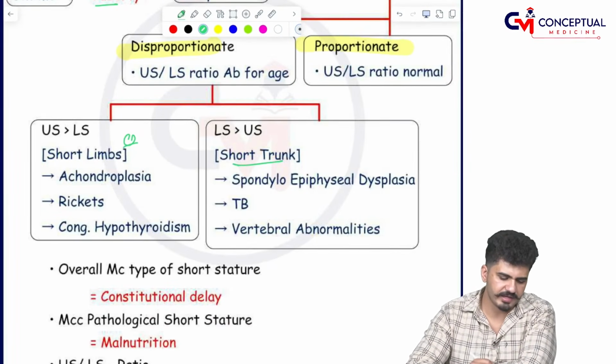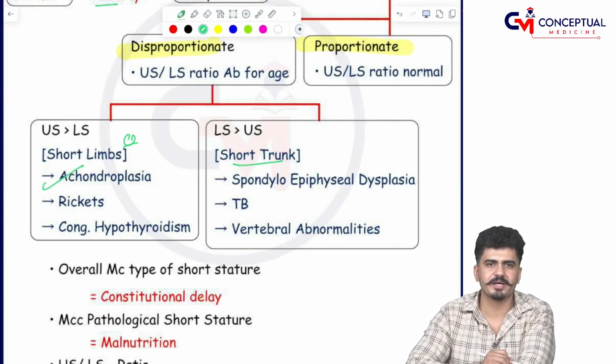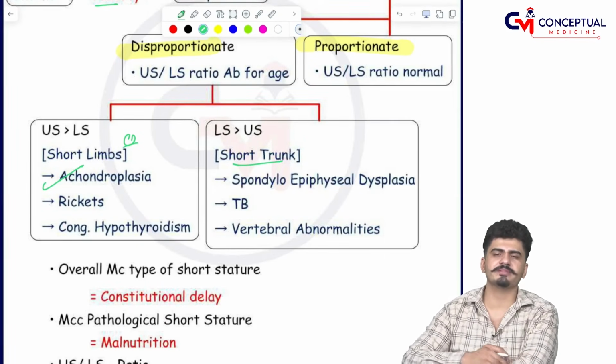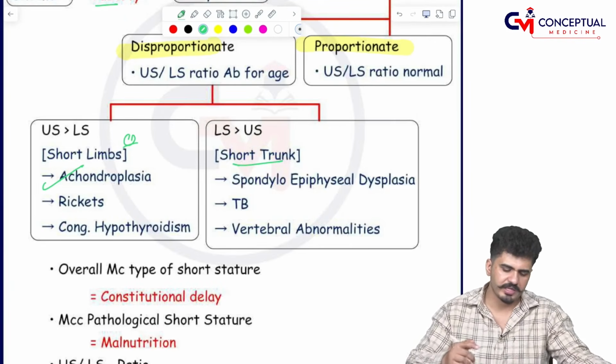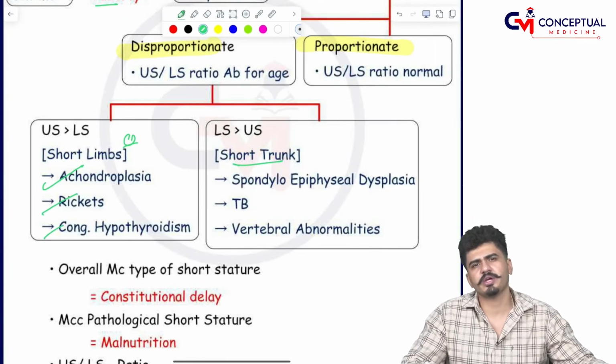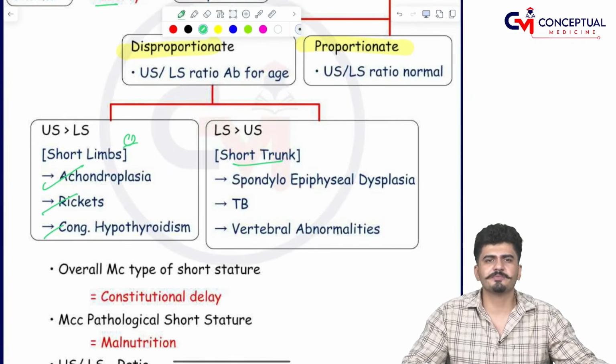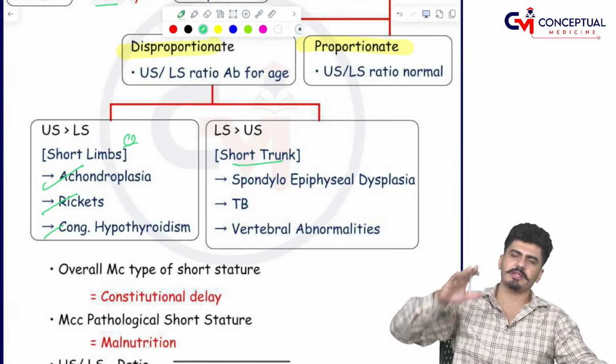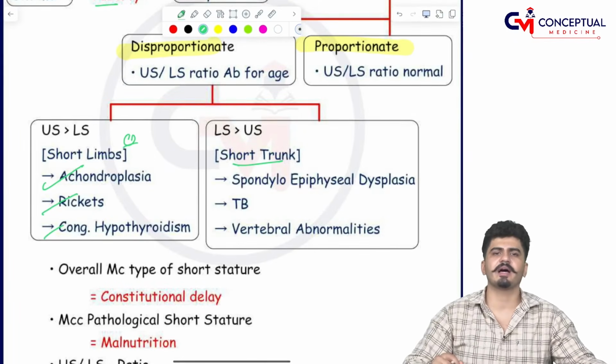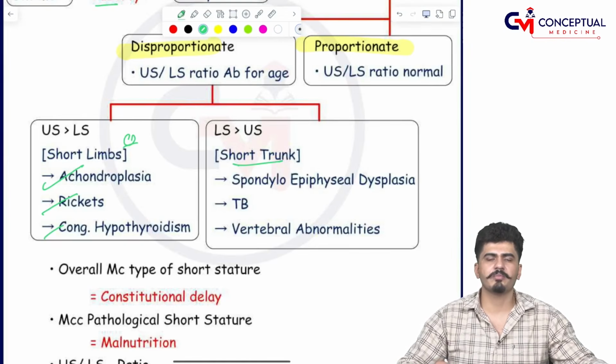So what conditions we are having with the short limbs, but the trunk is normal? Achondroplasia. Can you give me the input about the achondroplasia? What sign you are going to see on the X-ray pelvis, sir? X-ray pelvis, which sign you are going to see? Then rickets and congenital hypothyroidism. These are for the disproportionate of upper segment greater than the lower segment, then lower segment greater than the upper segment. There will be a problem in the vertebra.